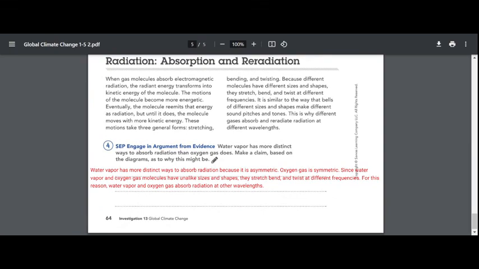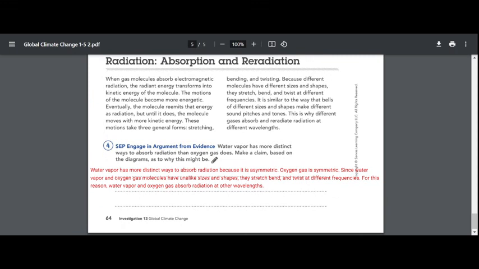These motions can take three general forms: stretching, bending, and twisting. Because different molecules have different sizes and shapes, they stretch, bend, and twist at different frequencies. It is similar to the way that bells of different sizes and shapes make different sound pitches and tones. This is why different gases absorb and radiate radiation at different wavelengths.